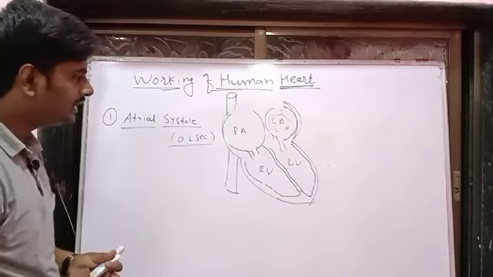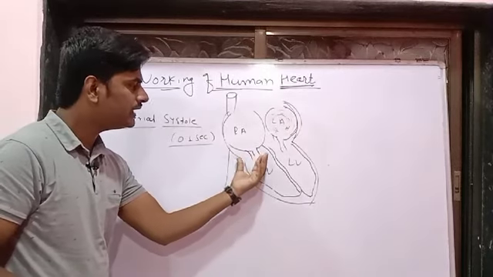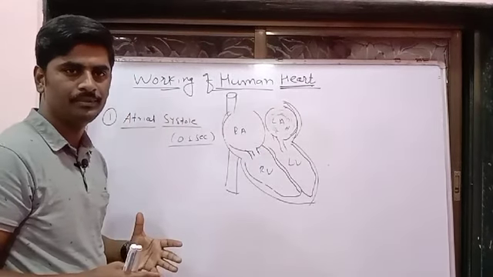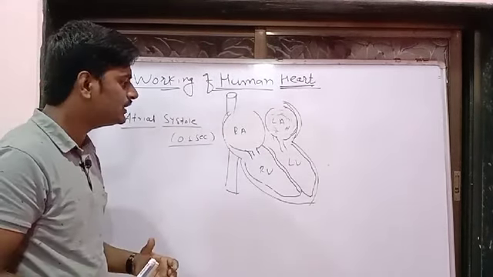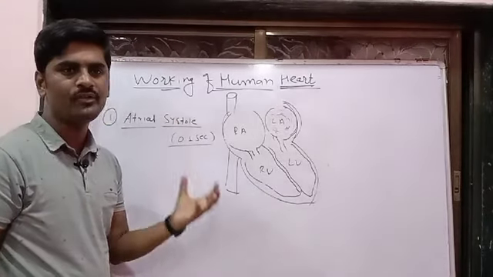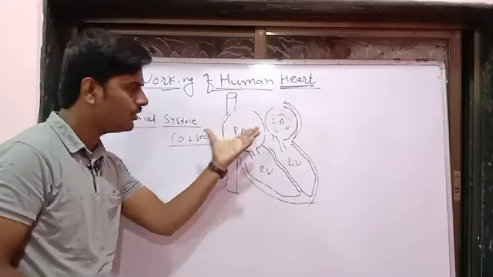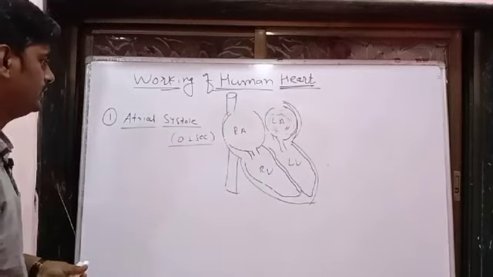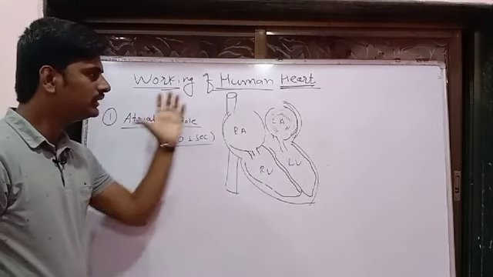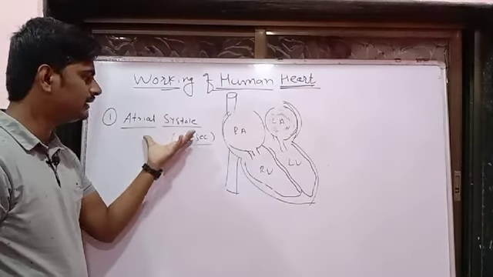And listen, what is the exact function of these valves? These valves are responsible for preventing the backflow of blood from ventricle to auricle. So these are all the things regarding atrial systole.